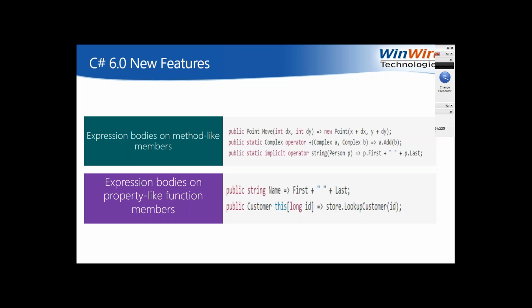You use a lambda expression, and you return a point by adding this dx and dy to the existing point. So you can use expressions on functions, and not only functions, you can have custom operators created. Say for example, if I declare a class and I want an operator for that class, you can say public static, your class name as the type, and then the operator, for example plus.